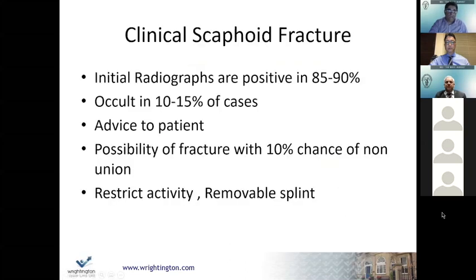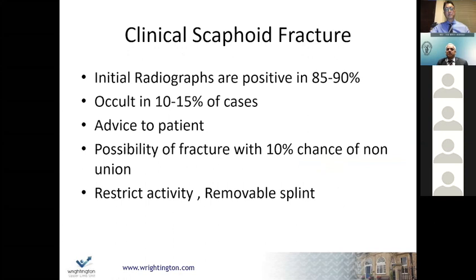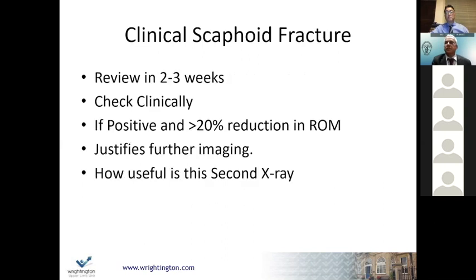We know for a fact that in only 85 to 90% of cases, these fractures are positive on radiographs, which would mean that in 10 to 15% of cases, you have this so-called occult situation or a clinical scaphoid fracture. And in these cases, it becomes very important to advise the patient appropriately, particularly as regards the chances of non-union, restrict their activity, stop their sports, put them in a removable splint, and get them back in 2 to 3 weeks.